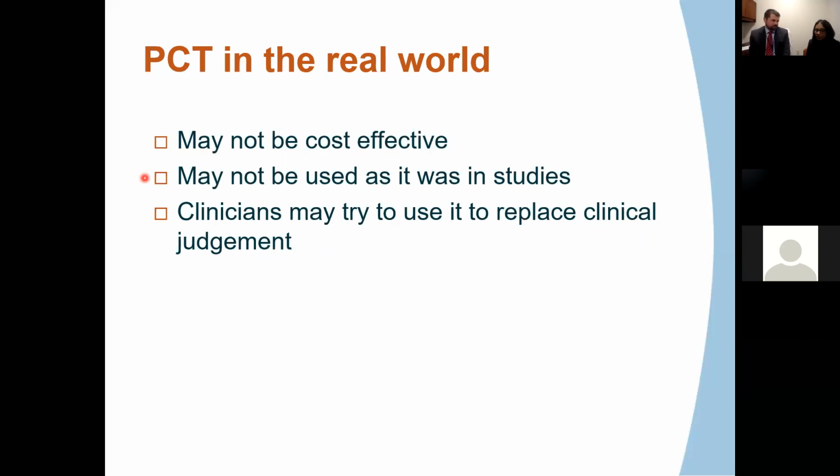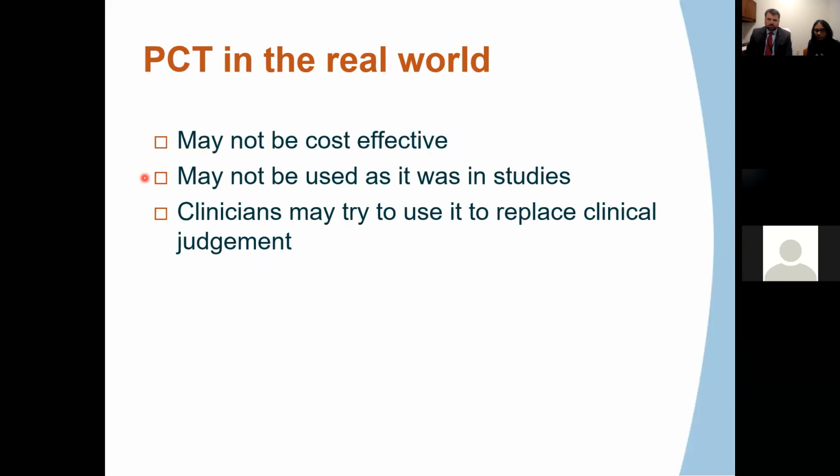Sometimes people think it's a diagnostic tool for infection, and that's what we want to emphasize: it's not a diagnostic tool, it's a prognostic tool. It's about the trend, and whether we are treating the infection correctly and reducing antibiotic use.